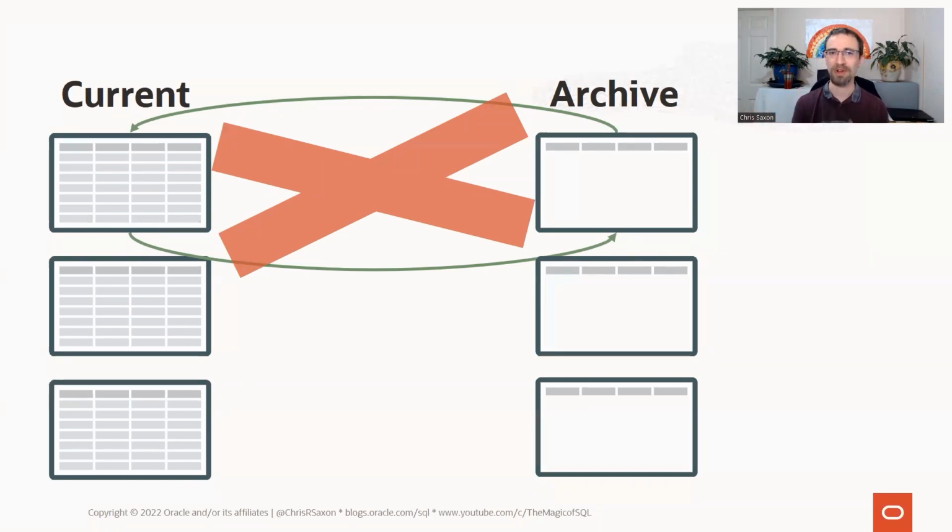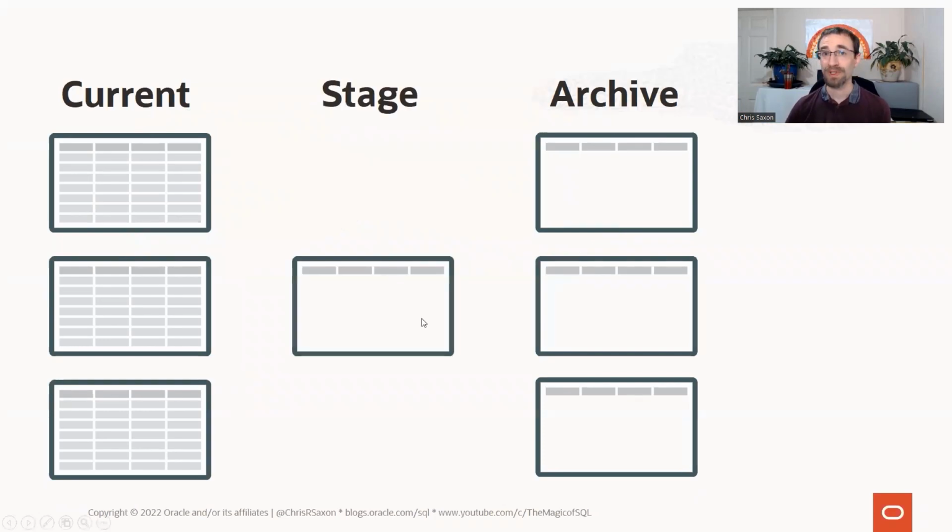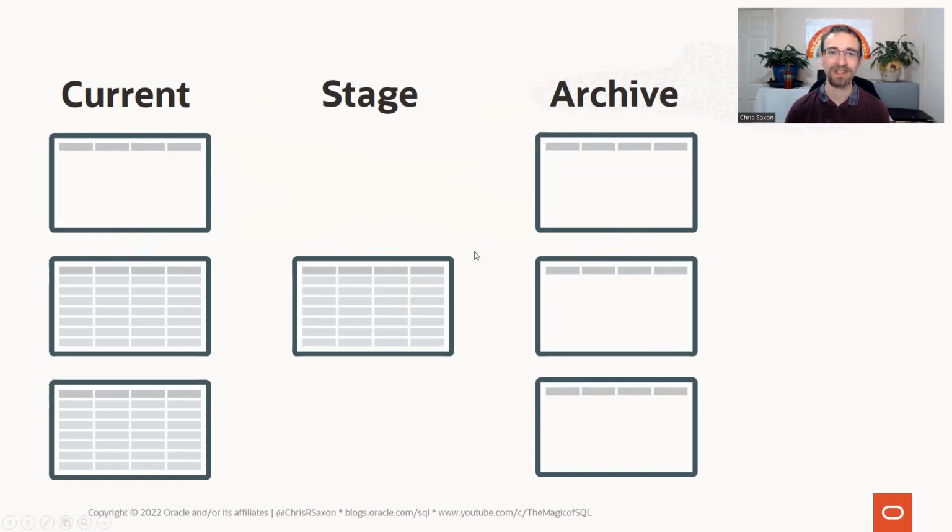How do we use partition exchange to move data from our active transactional table to that archive? Well, what we can do is create a staging table in the middle, a non-partitioned staging table. So we'll exchange first the staging table, I'll copy the data over, and then go from the staging table to the archive, exchange like that.